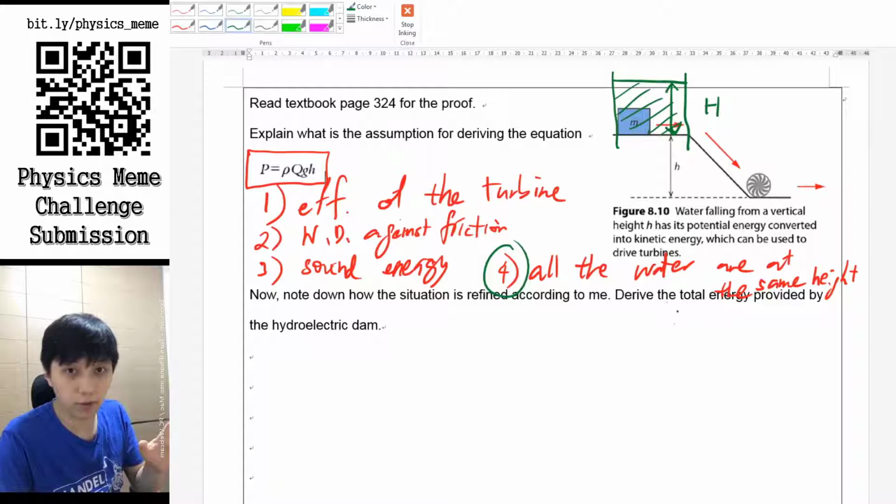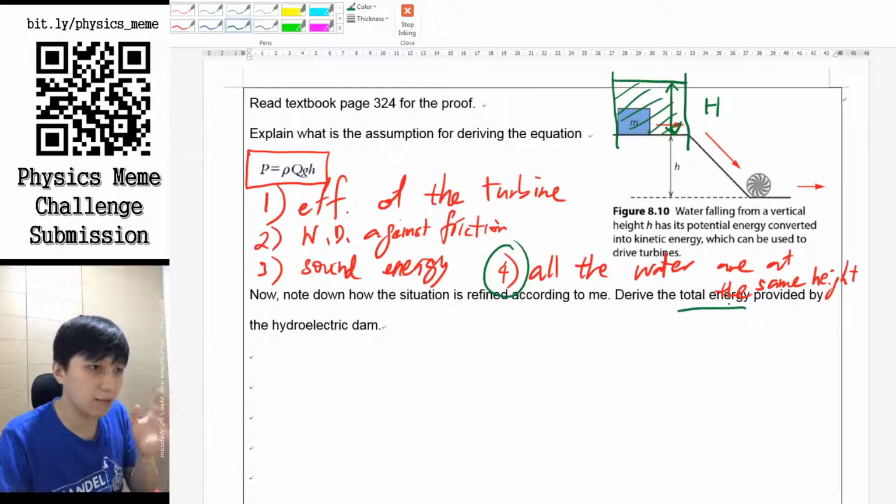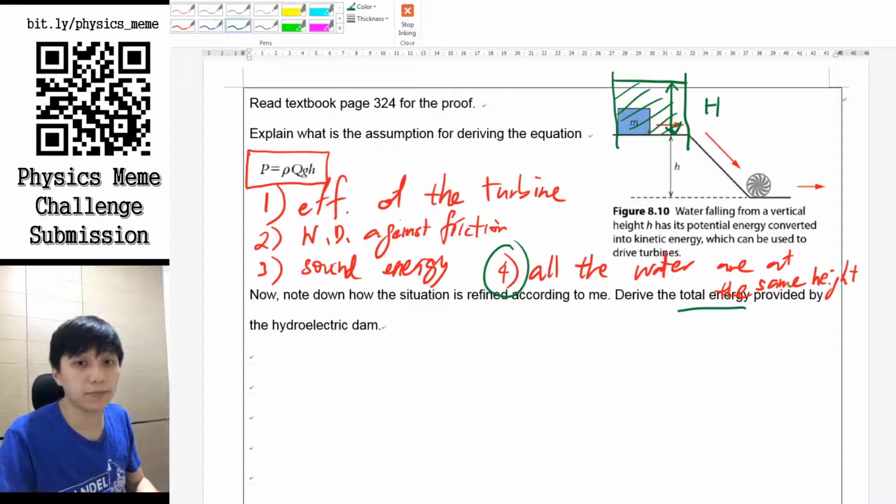Okay, so it's not power, because power depends on the flow rate also. But then let me just ask you, what is the total amount of energy that you can provide when all this water goes down to the turbine? So pause the video, try it out. We'll discuss it together.